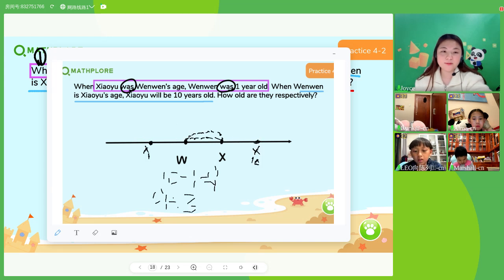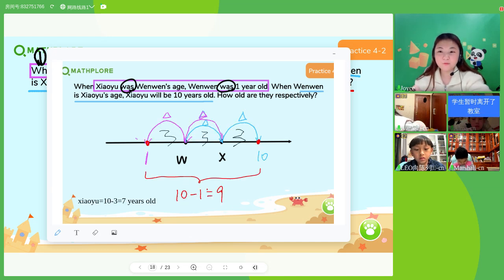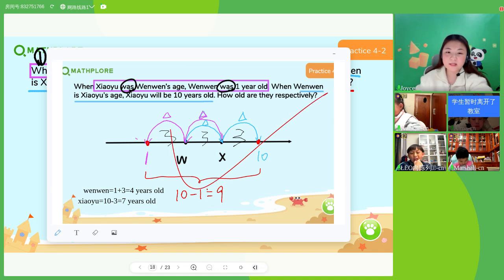How old is Wenwen? How old is Xiao Yu and Wenwen, Elma? Come on, hurry up. We still have one more part, everyone. Okay, yes, very good job. Next time, just try to write on the board, okay, Leo? That would be faster.